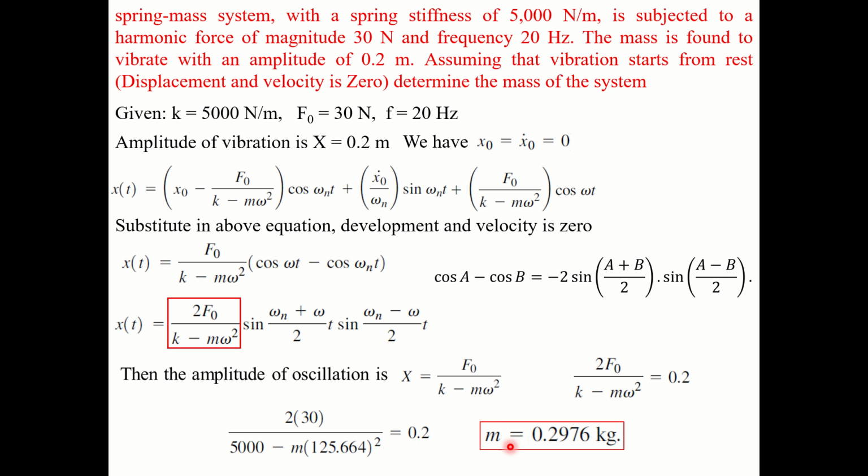If you simplify that, you will get m is equal to 2.976 kg. This is the mass of the system.